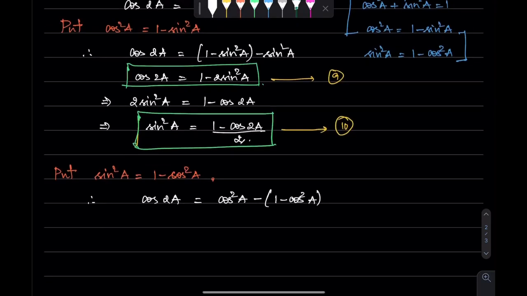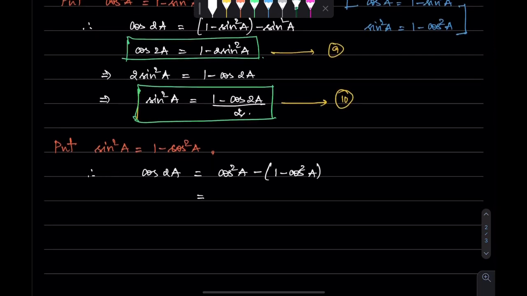So what happens now here? This is nothing but cos square a minus 1 plus cos square a, which is equal to 2 cos square a minus 1, which is your cos 2a. Is that okay, children? Your cos 2a becomes this, another result.